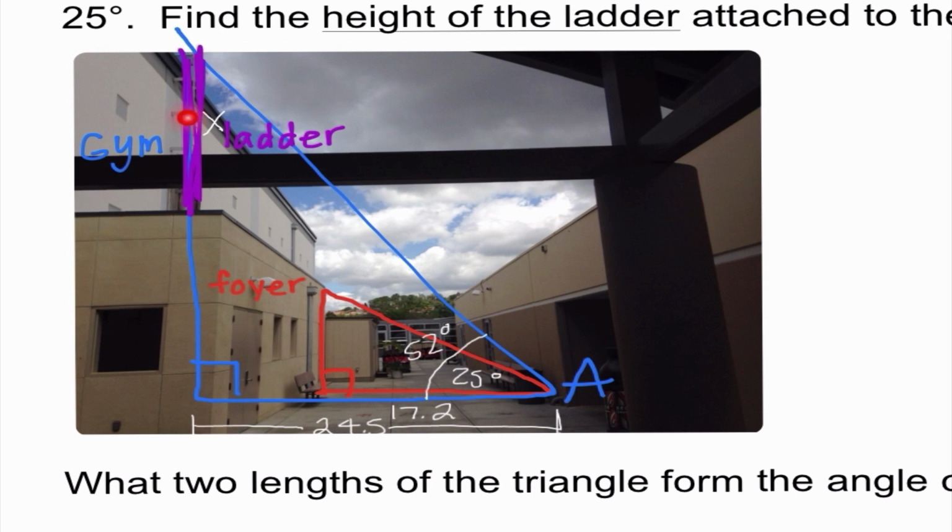The problem is this is not a part of any of the right triangles. So what I notice is that if I take this whole distance and subtract the distance of the foyer, I'm left with that length of the ladder. So I'm going to call this whole distance y.